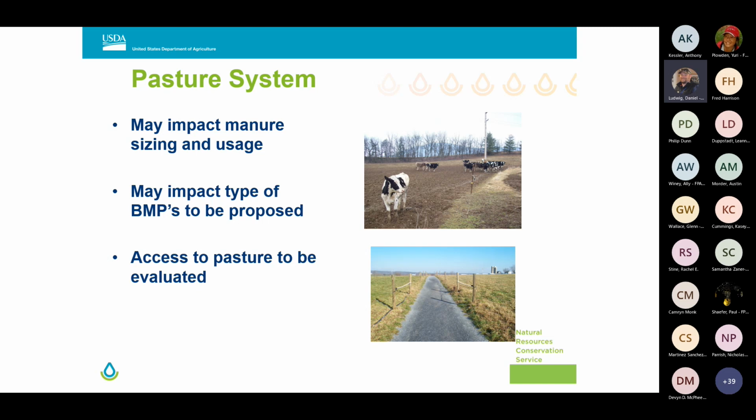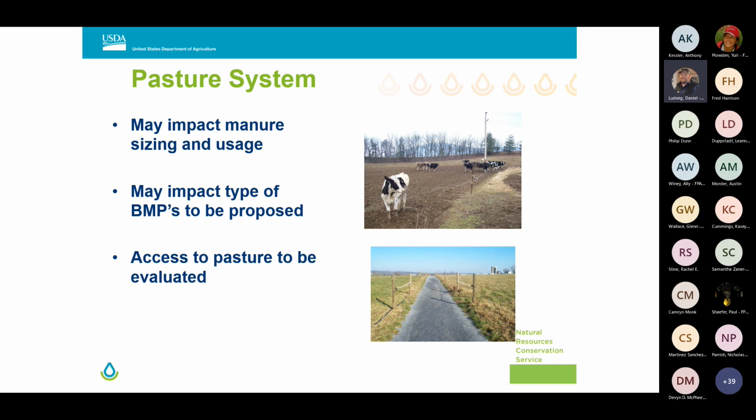So those pastures become land use. However, because we need to manage them for grass, we have to account for how much access the animals can have, and make sure we have our manure storage and our manure handling systems designed for that.